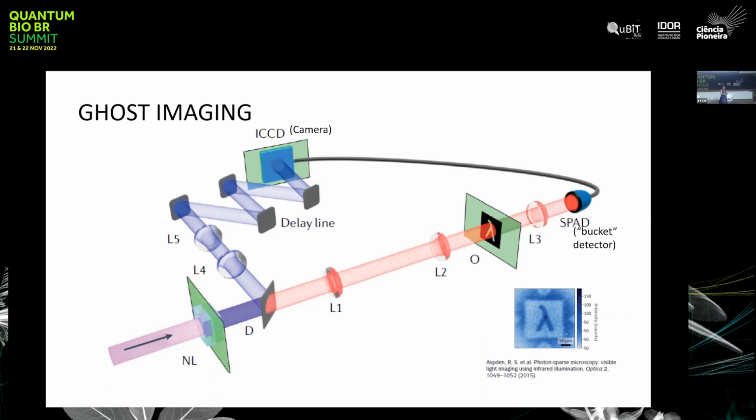And then on the other side, I've got one of these fancy cameras, which is basically a CCD, which is intensified electronically. But because it's intensified electronically, you have a lot of electronic noise.